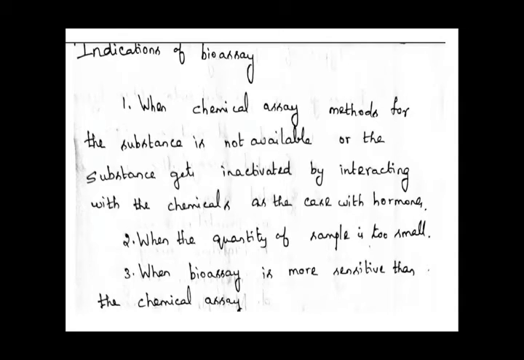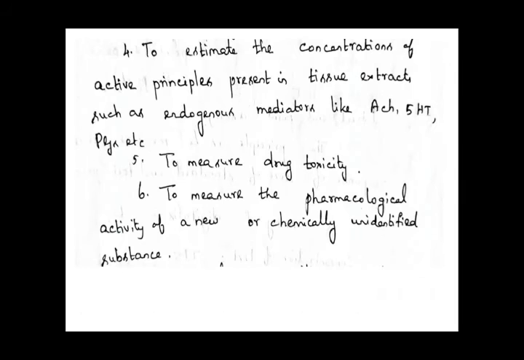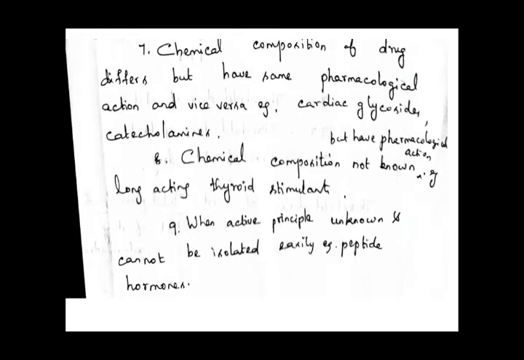And the third is that the Bioassay method is more sensitive than the chemical assay. Next, to find out the concentration in tissue extracts like acetylcholine, 5-HT, prostaglandin. Then to measure drug toxicity, to measure the pharmacological activity of a drug, and in some conditions the chemical composition differs but the pharmacological action will be the same.